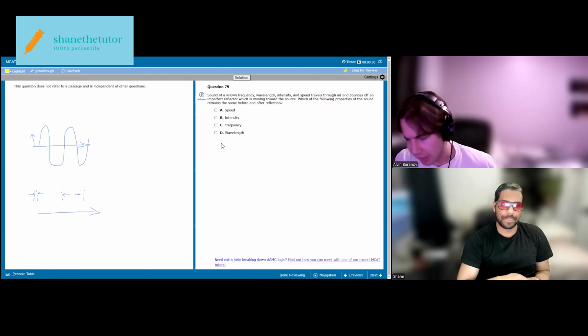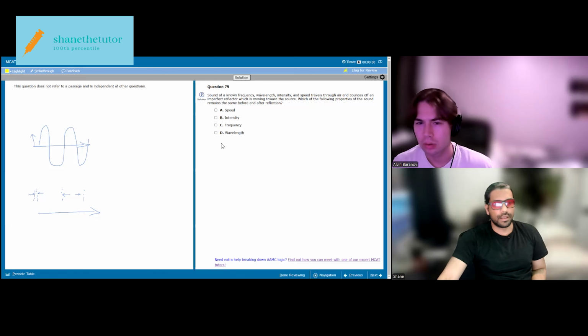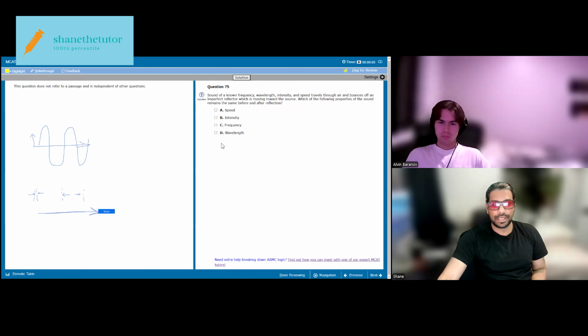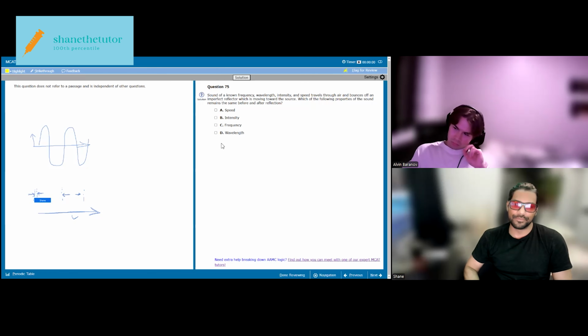Wait, so is a light wave that's transverse, is that perpendicular and parallel? No, no, no. If it's parallel, it's longitudinal, like this, because you see this expansion is parallel to the direction of the wave's velocity. And this compression is also parallel to the direction that the wave is traveling.